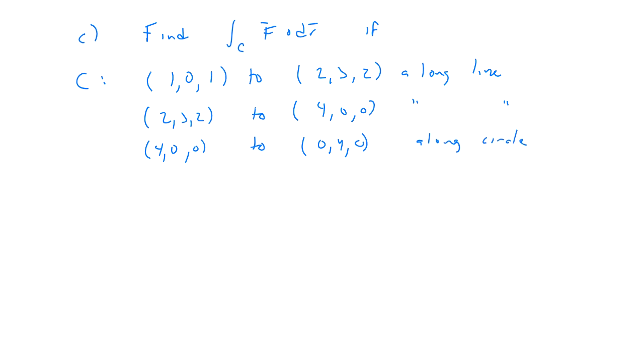Okay, so let's find the integral of the vector field that we had in the last one, if we're going along this path. And since we found it's conservative, what do I just have to do?